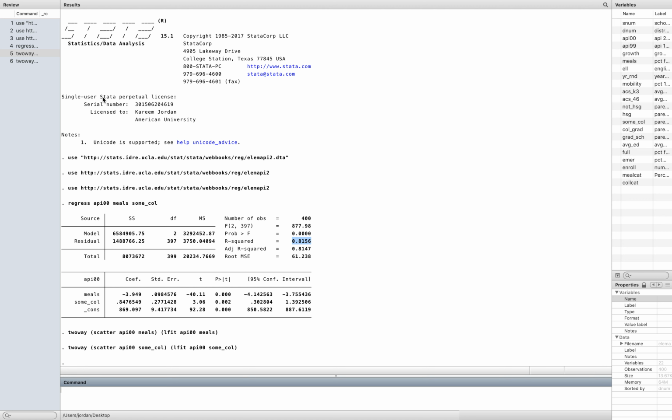So if you then include both of those predictors in the model, age and grade, the problem with that is going to be that how do you know how much in your outcome is being explained by each one if both of them are pretty much measuring the same thing?